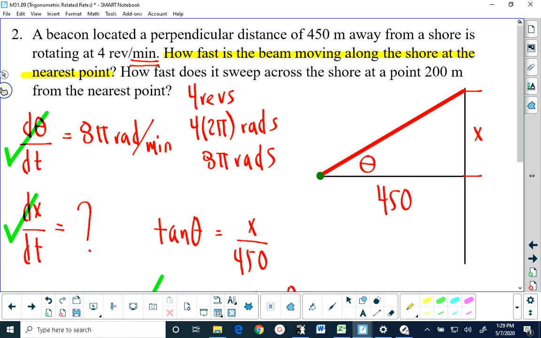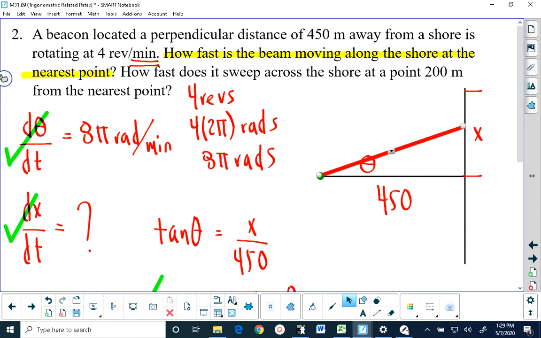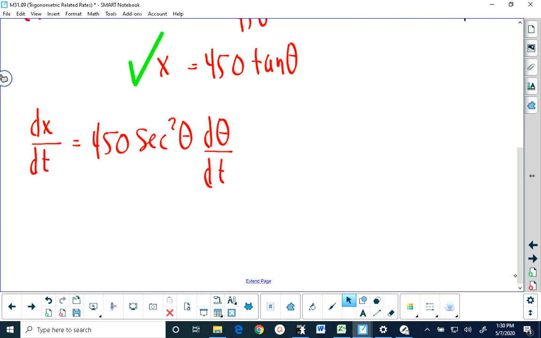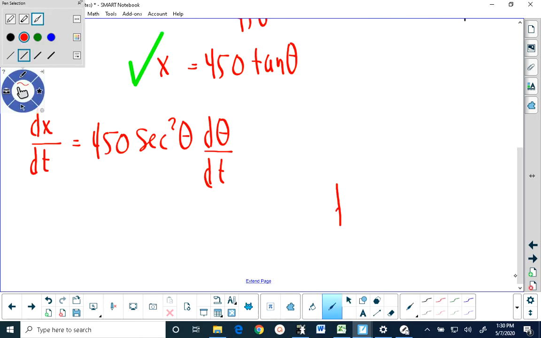So at the nearest point means that the angle is getting smaller and smaller, and x is getting smaller and smaller. And when the beacon is at the nearest point, both x and theta have reduced to 0. The first question then is, what is dx dt when x is 0?